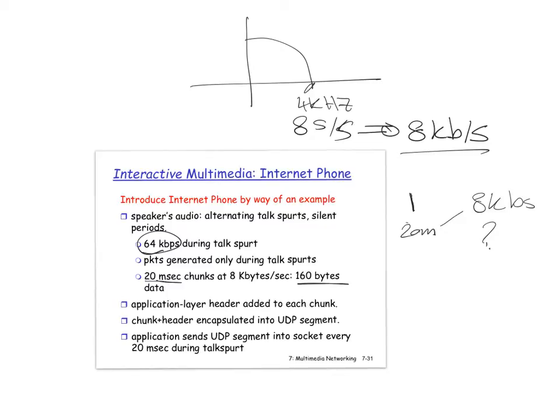It's this multiplied by this: 20 multiplied by 8 multiplied by 10 to the power 3, which in total is about 160 bytes. So every 20 milliseconds we have 160 bytes of audio packets.